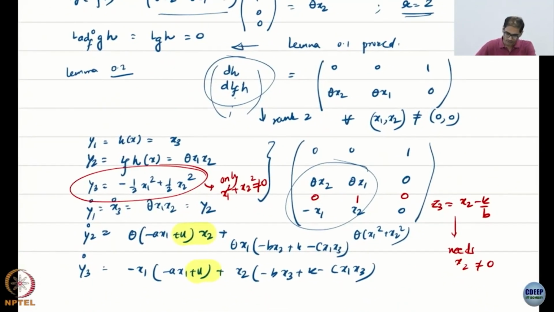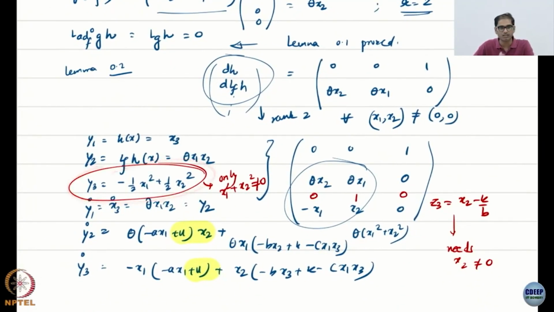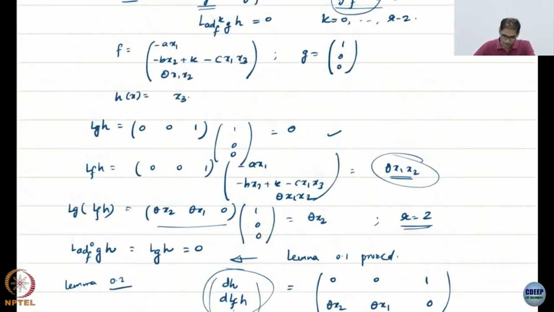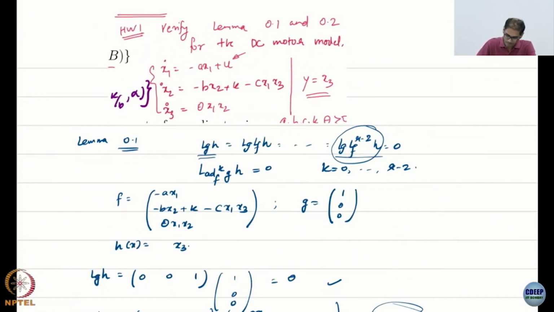What I am trying to say is that what we chose as y3 does not get us to the normal form. This other choice, on the other hand, gives us the normal form. Why? Because if you look at z3 dot, it is just x2 dot. What was x2 dot? No control in x2 dot.